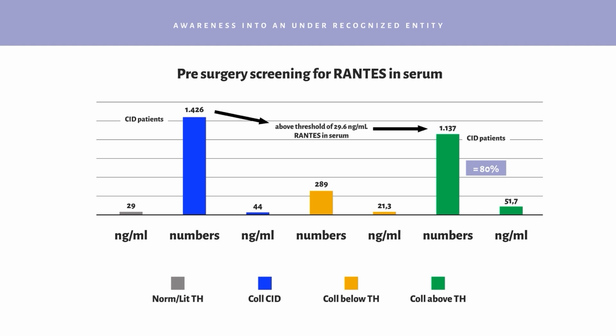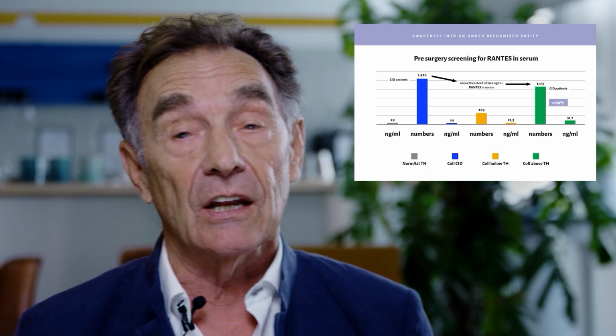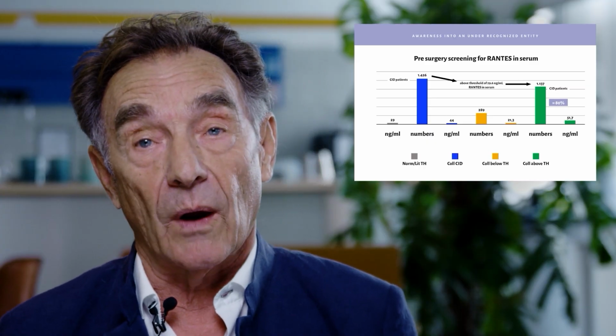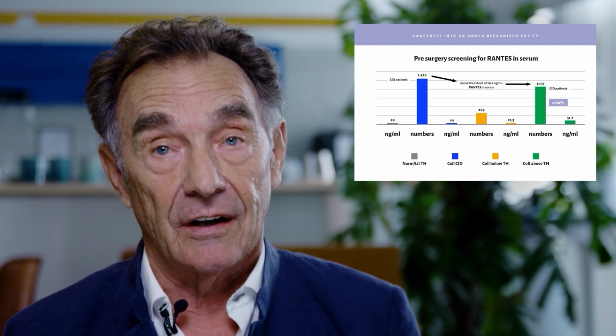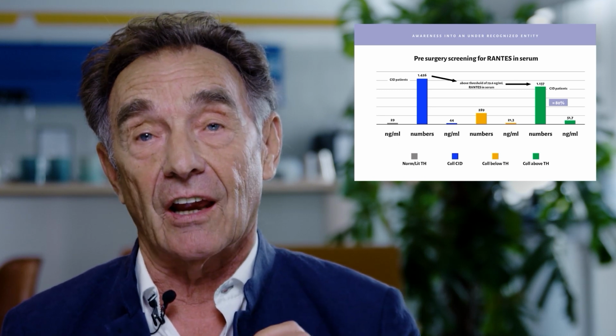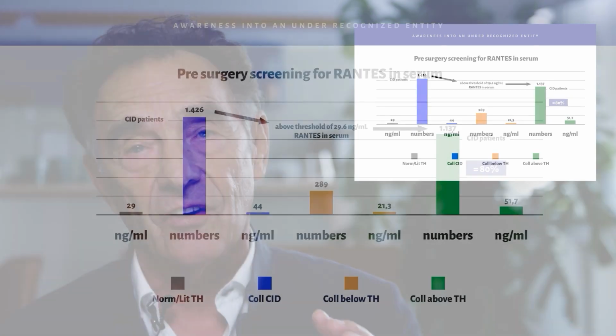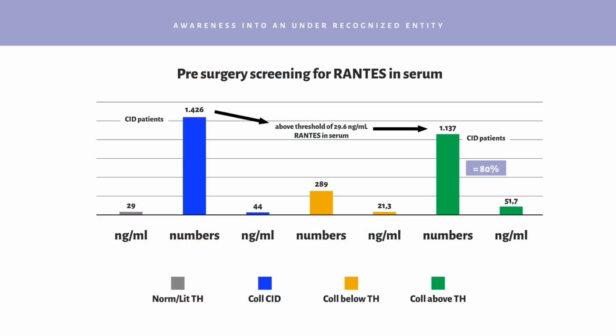This is about 80% of these patients, who have primarily more RANTES in serum than they should have. The median value is 51.7 nanograms per milliliter. This is a very interesting item, that RANTES is an important issue in all chronic immune diseases.